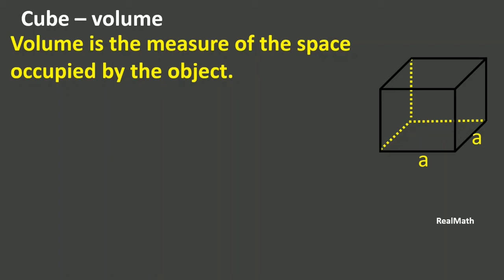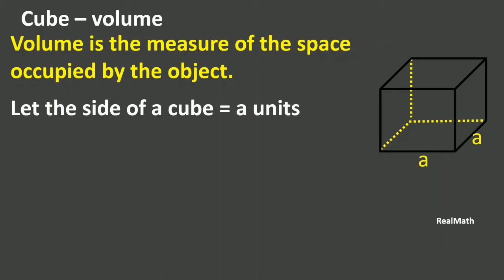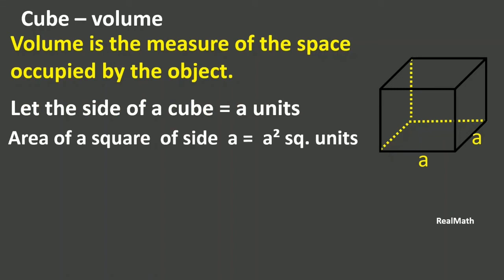Then we'll see how we can measure the volume. Now the face of the cube is a square. So base you have a square. So area of the base is A into A, that is A squared. Now let the side be A units. Area of the square is equal to A squared.